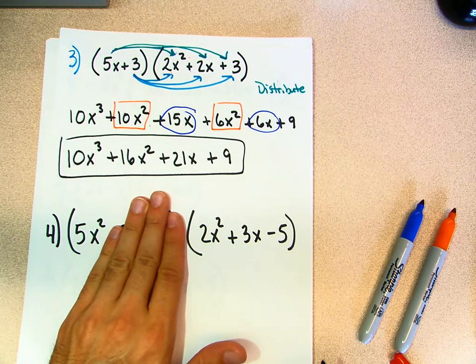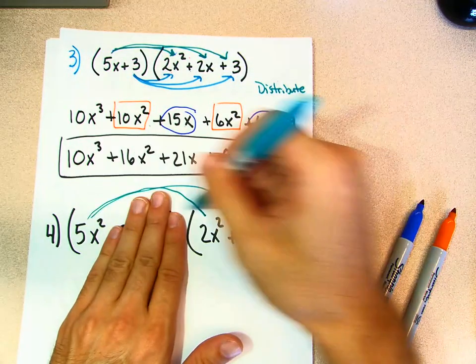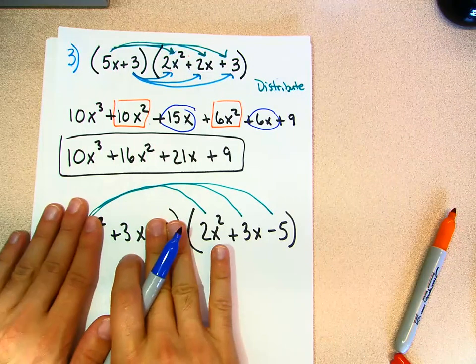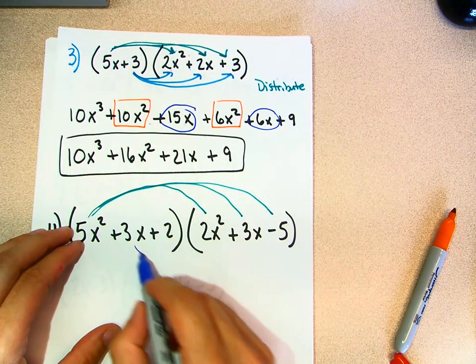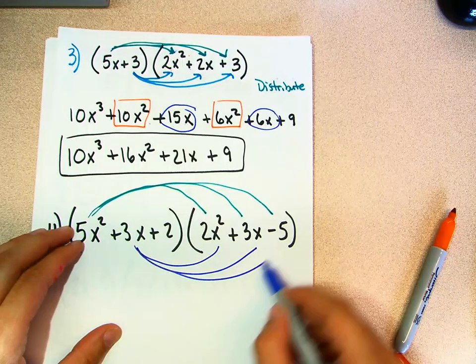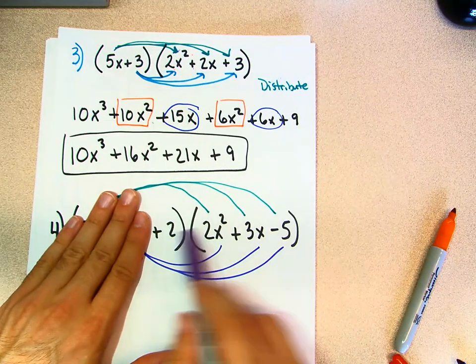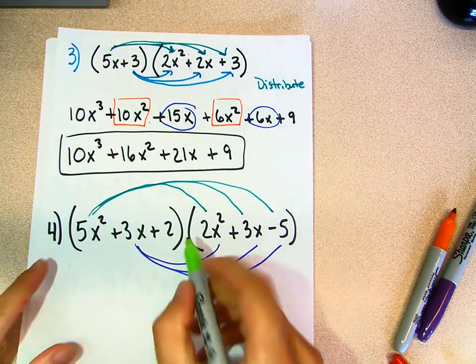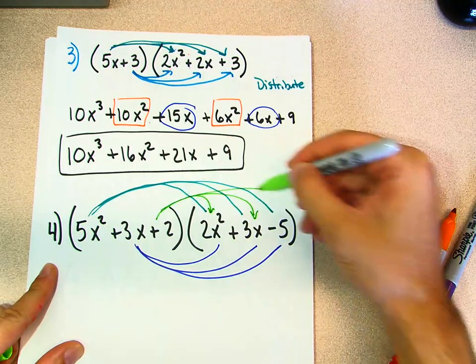Watch, you see this 5x squared? You got to go to each one of them. Then this 3x, you got to go to each one of them. And same thing with this 2, it has to go to each one of them. So we'll do it maybe this color here. So it'll be boom, boom, and boom.